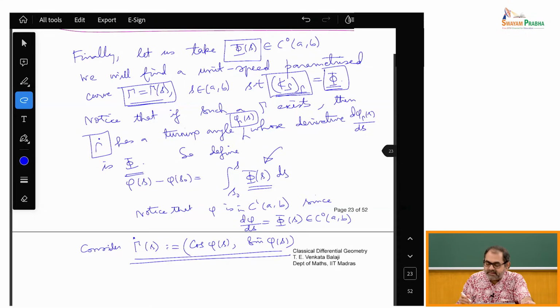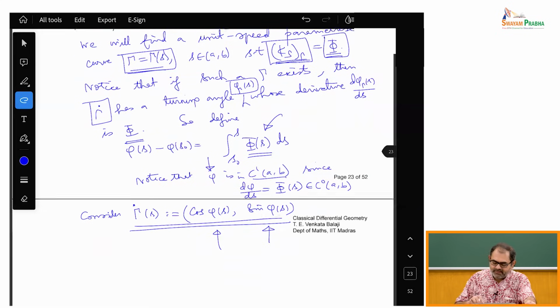So you see, the original capital phi was C0. Integrating that you get small phi, and that is C1. Now this cos small phi and sin small phi are again C1, and that is gamma dot. You integrate that you will get gamma, and gamma will now be C2.